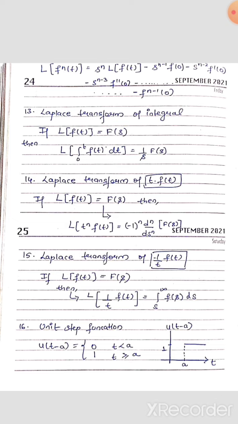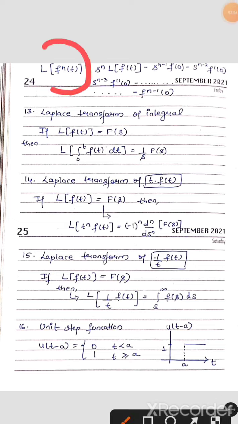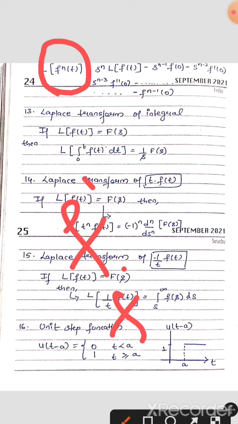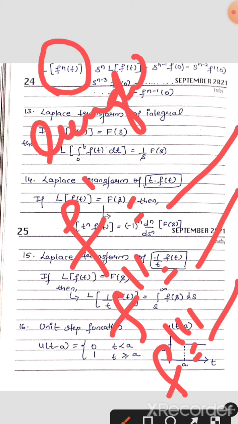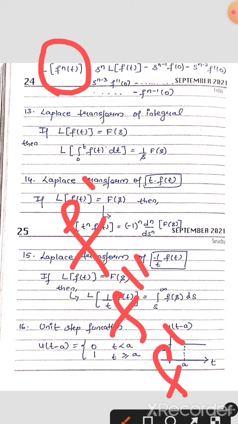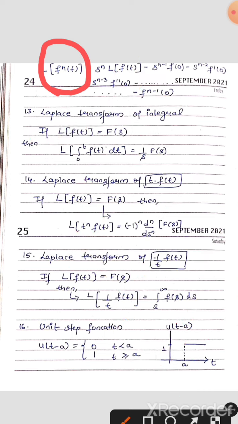Next, the Laplace transformation of the nth derivative of f of t. We find the first derivative, the second derivative, the third derivative. If I write the formula the way I wrote it for f dash of t, then for f double dash of t, then for f triple dash of t, the length of the equation goes on increasing. So rather than that, we can have a generalized formula for the derivatives of the given function.